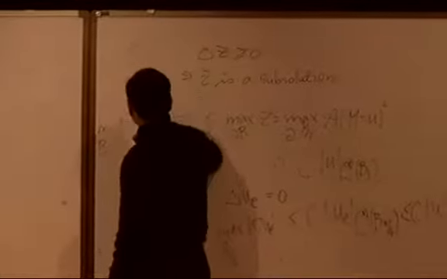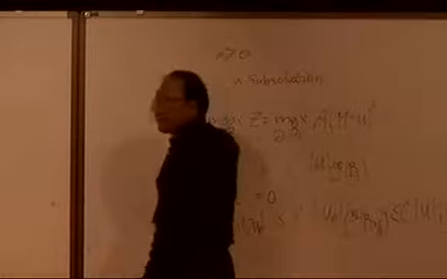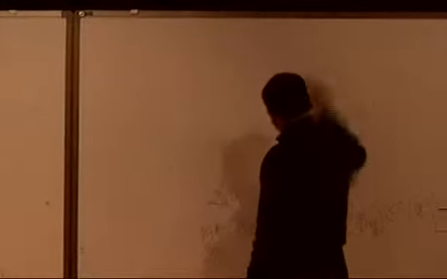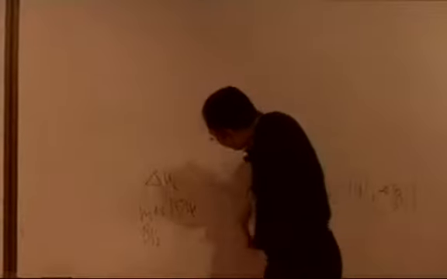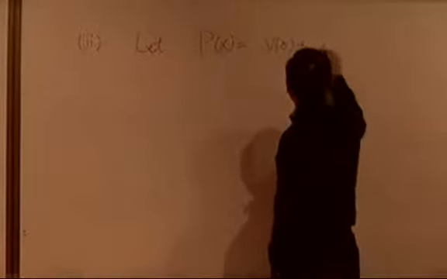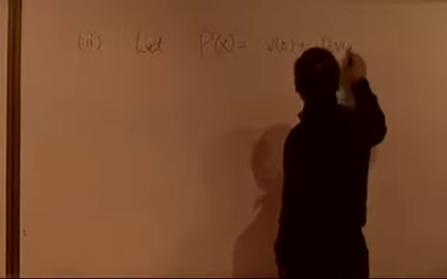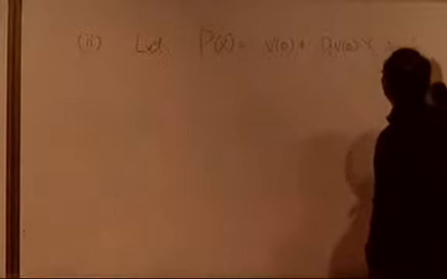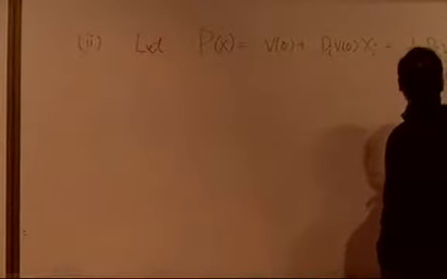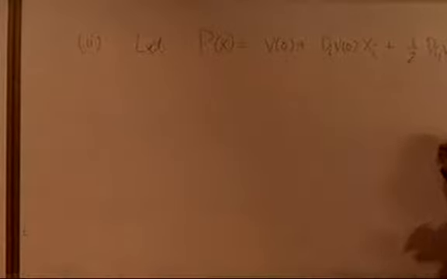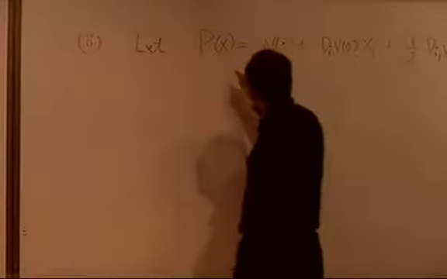And the second part is, let the quadratic polynomial be p of x equals v of 0 plus the gradient of v at 0 dotted with x plus one half D_ij v at 0 times x_i x_j. Then it is a harmonic quadratic polynomial.